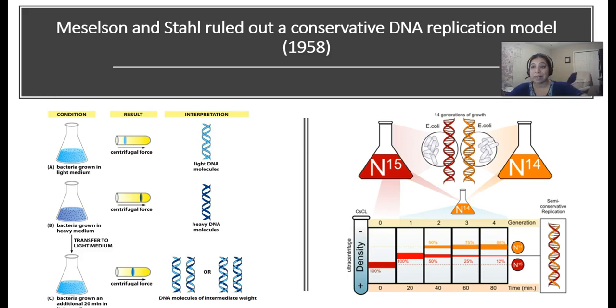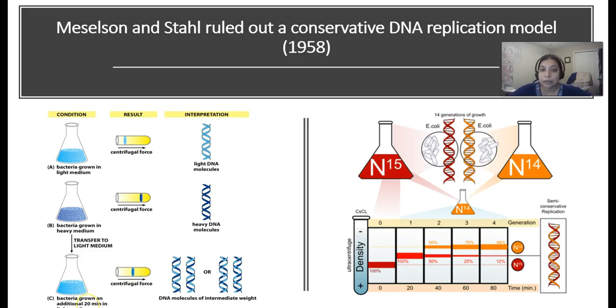So within 20 minutes, they're able to replicate their DNA entirely. And so the first thing that they would do is that within 20 minutes, they would have gotten one cycle of replication done. So they looked at it and they found that they got a single band, kind of halfway between where they expected the light versus the heavy band to be.